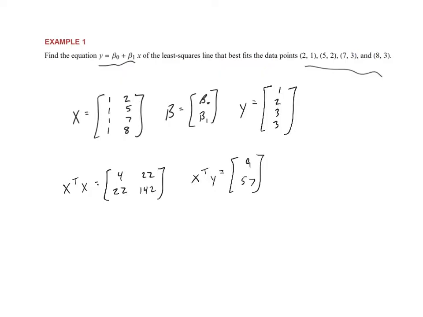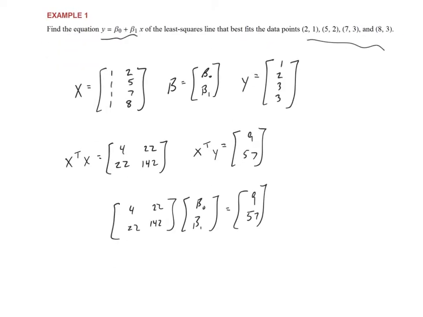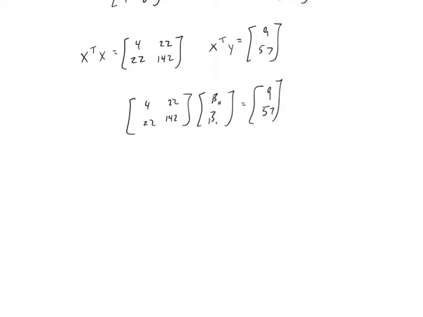We solve the system 4, 22, 22, 142 times b naught, b1 equals 9, 57. It will have a solution, and if you put it into reduced row echelon form in your calculator, b naught, b1 is equal to 2/7 and 5/14.